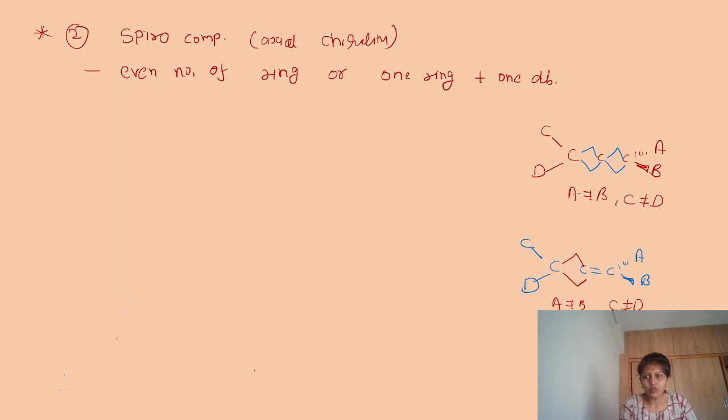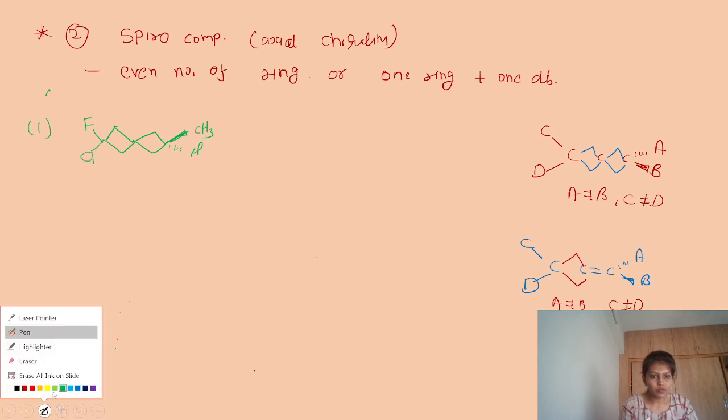First of all, I am giving one example to you. Suppose another Spiro ring. This is the methyl, hydrogen, fluorine and chlorine, right?